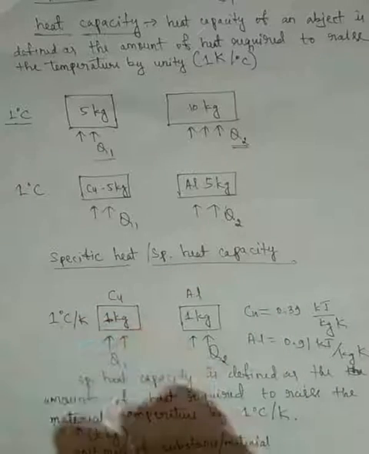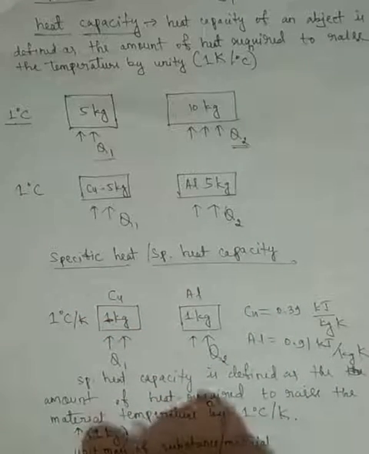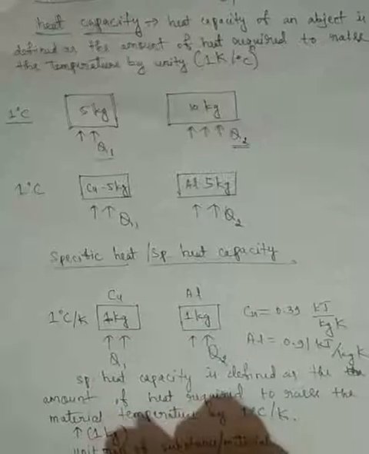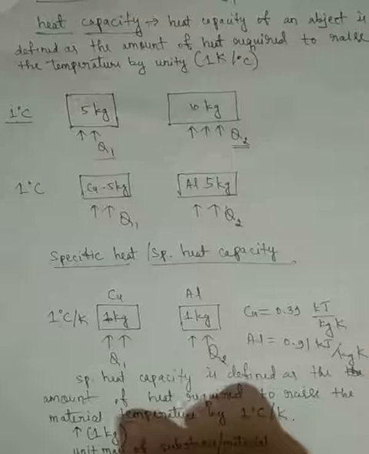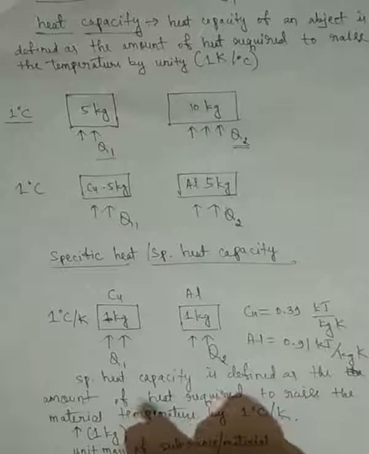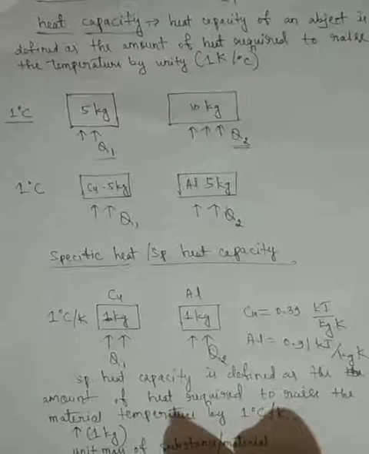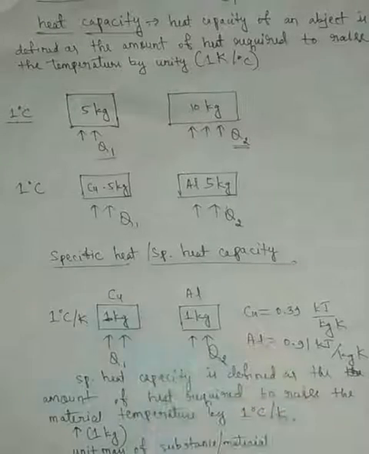As we know, specific heat for water is 4.128 kilojoules per kg Kelvin.